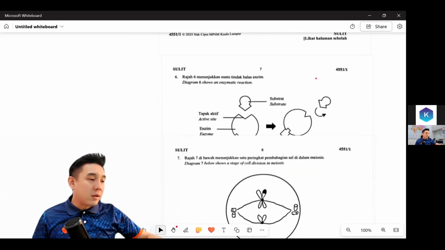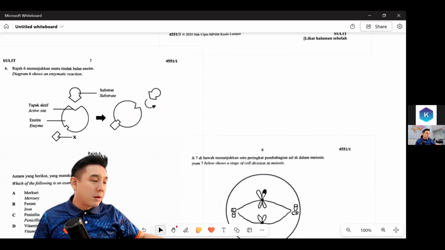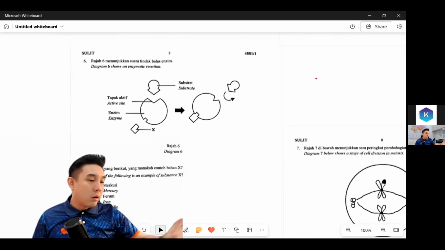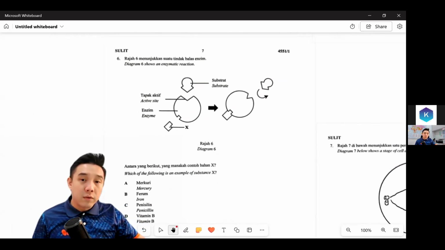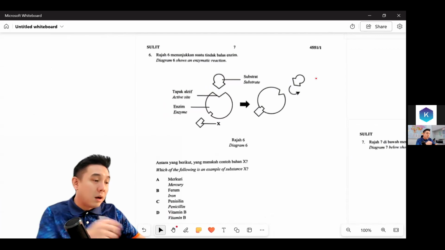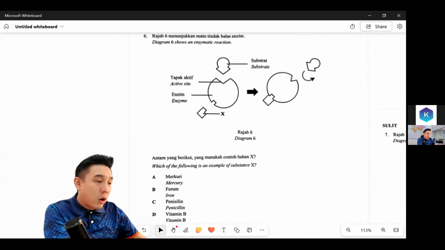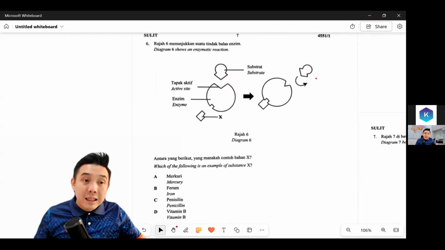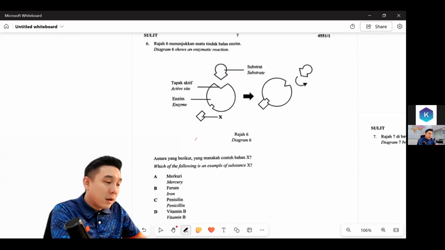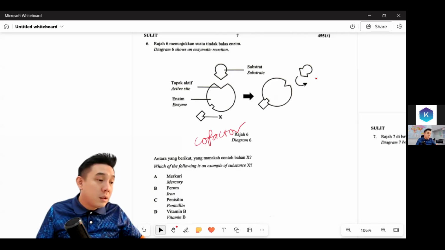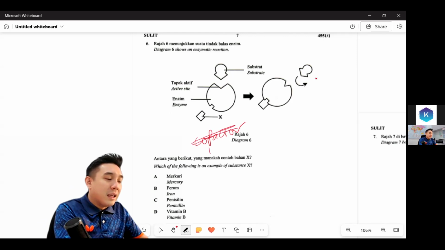Okay, for question number six, let me just pull this out because it's not clear. Which of the following is an example of X? So X is actually what we call a cofactor. If you didn't know, guys, this is a cofactor. This is an inhibitor.